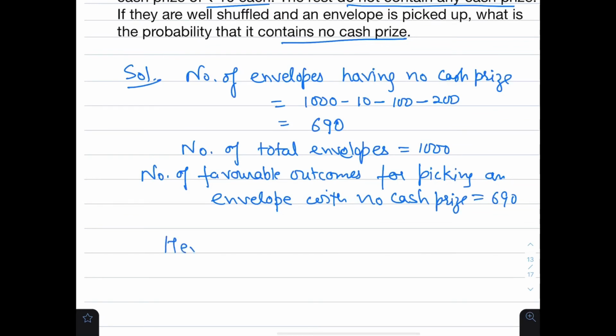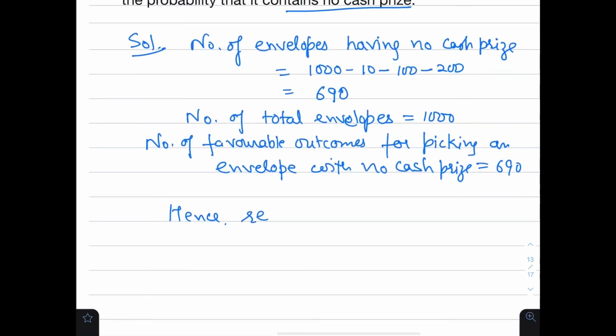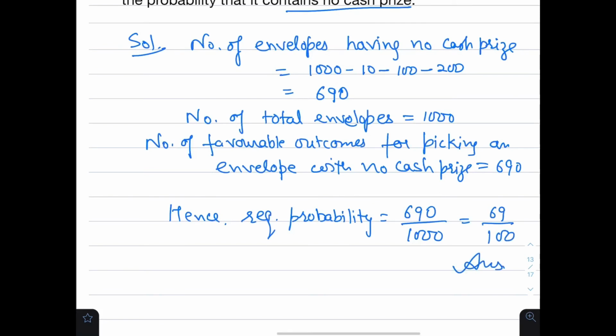Hence, required probability equal to 690 upon 1000, and this is equal to 69 upon 100. This is our required probability.